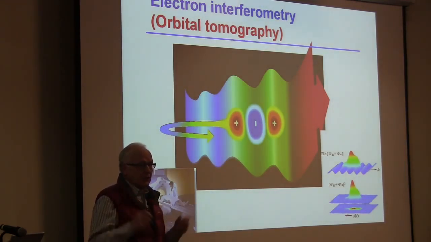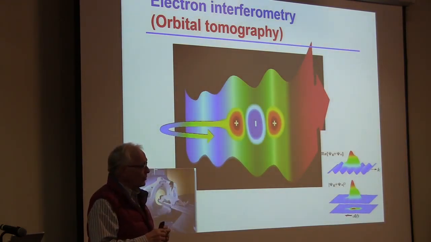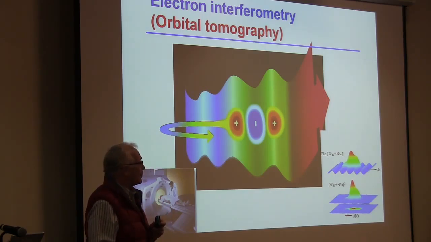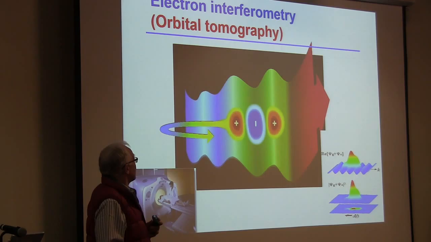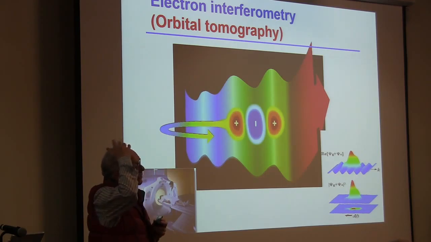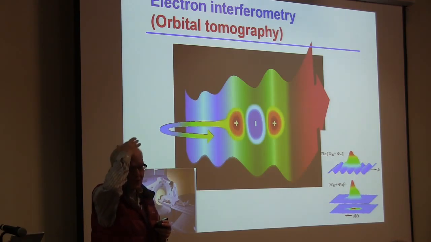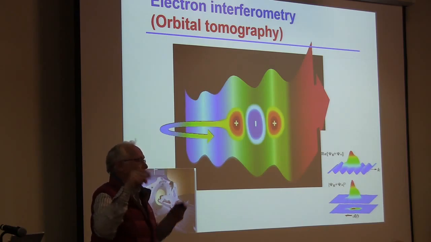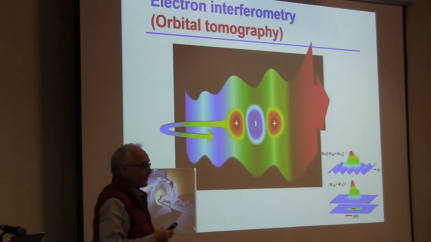Okay, now what's the concept? We know how to align molecules. We know the whole idea of interference. I think the concept is caught here in an artistic rendition by somebody who wasn't a scientist. So you have to think of it as a cartoon.